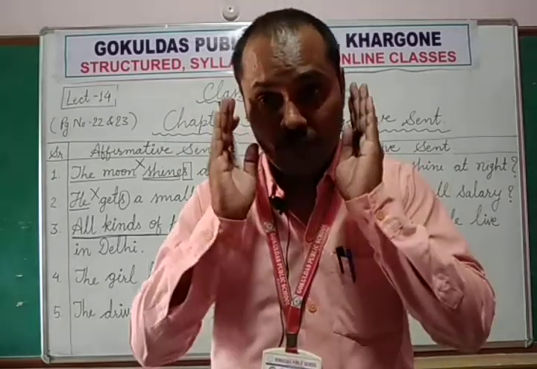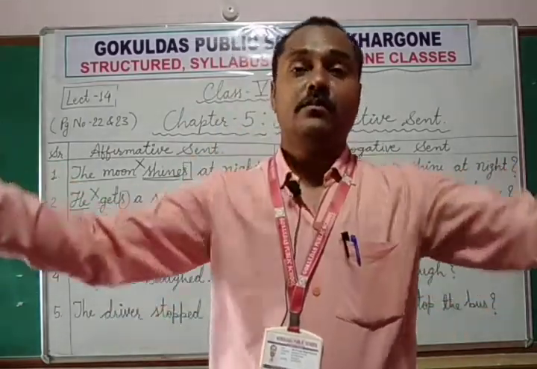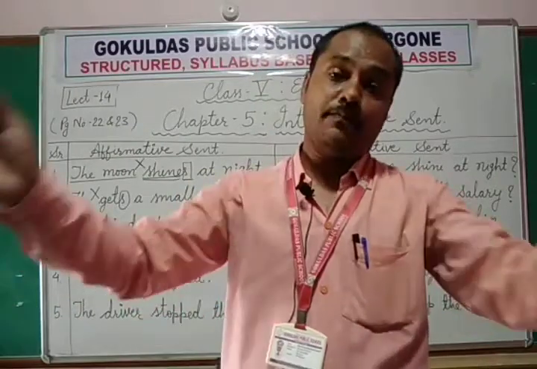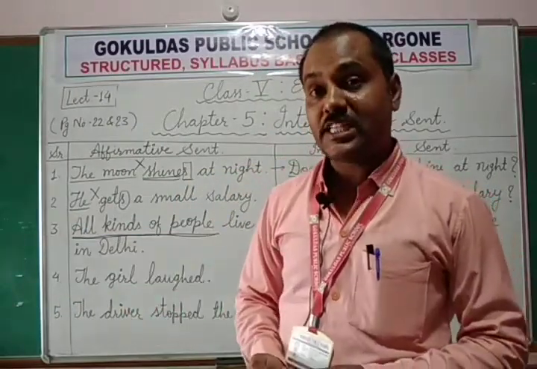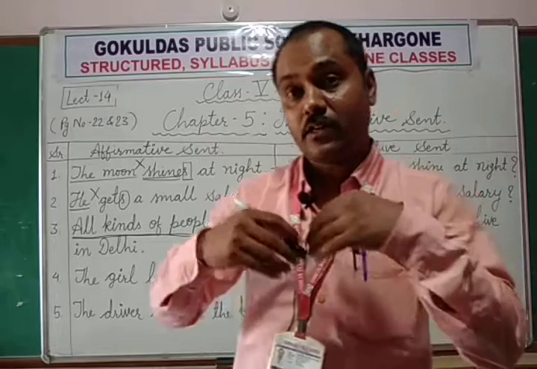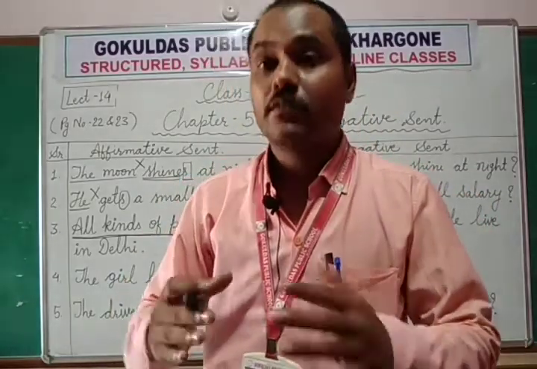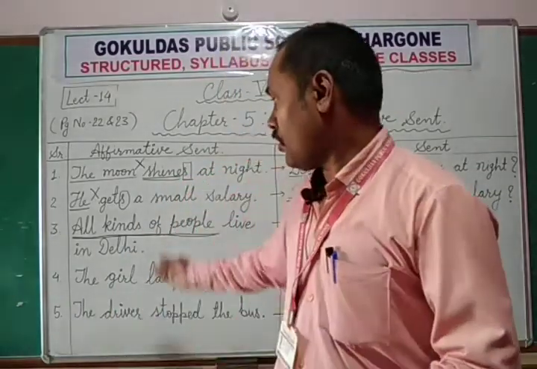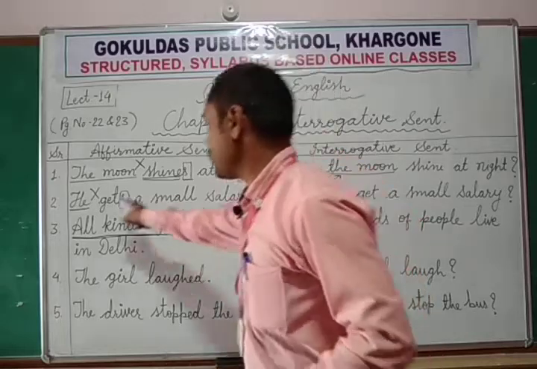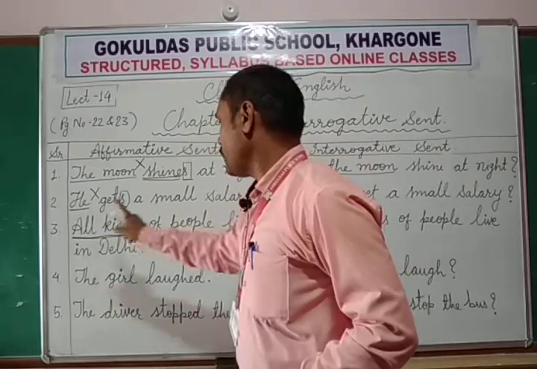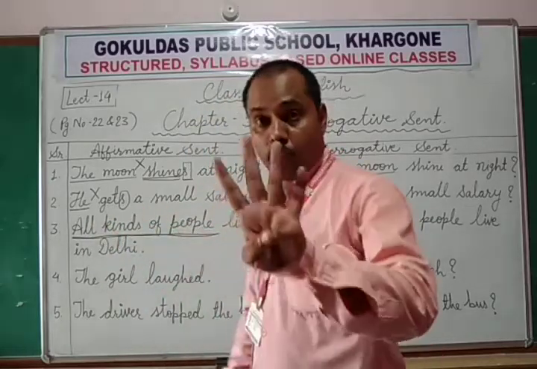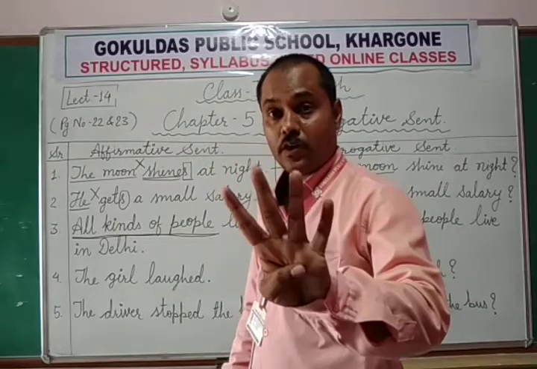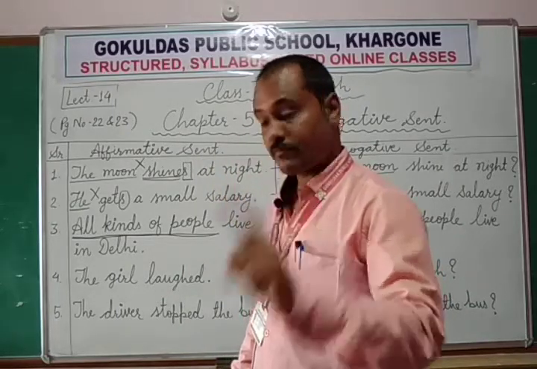But if we say people, people means more than one, many. So all kinds of people, kinds of means हर प्रकार के लोग, हर type के लोग. This is a single subject. 1, 2, 3, 4, four words. The group of four words makes one subject.